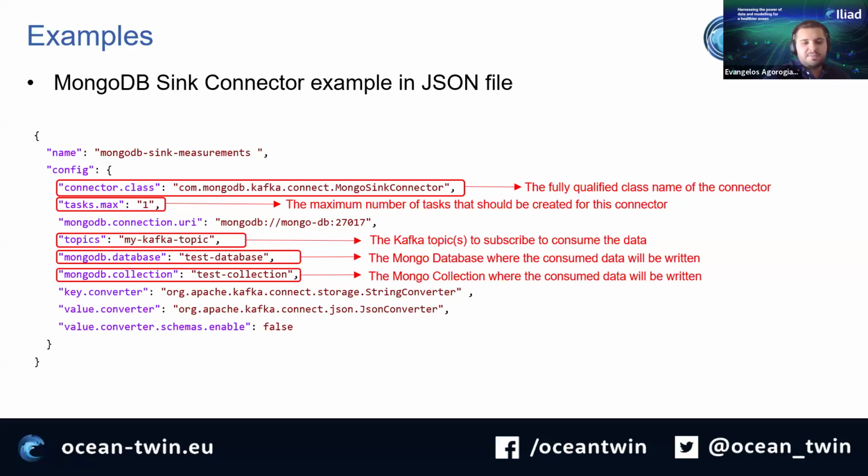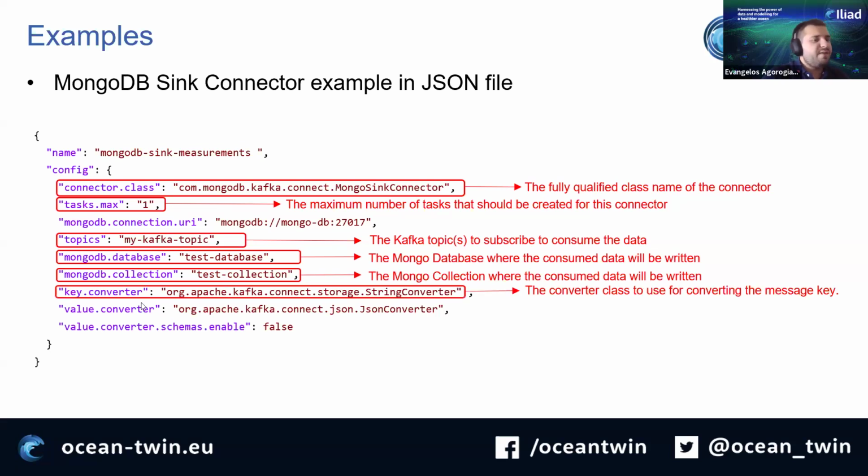There are specific configurations for each type of source and sync connector that can be found on the Confluent platform. We're presenting some of those that are most important in order to be able to exchange and consume the data. As you can see also for MongoDB, we have the address of the database, and as mentioned here, the database where the data will be written in the collection.